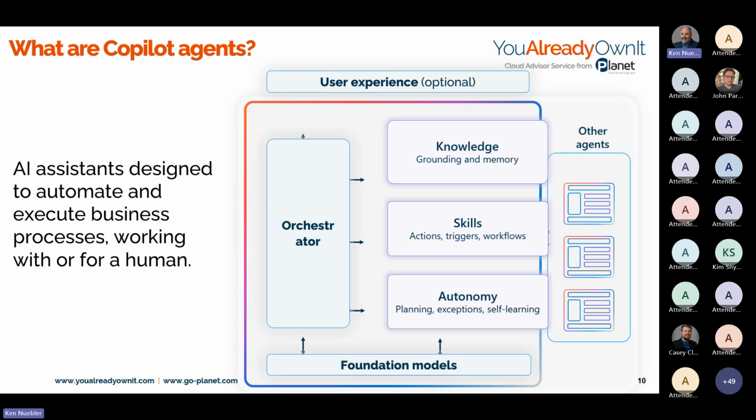So what are Copilot agents? Copilot agents are AI-powered assistants embedded in M365 designed to help your teams accomplish tasks faster, reduce manual effort, and improve decision-making with quick access to accurate information. Think of them as a digital colleague that enhances your team's productivity, handling repetitive or complex tasks so your employees can focus on more strategic, high-level activities.